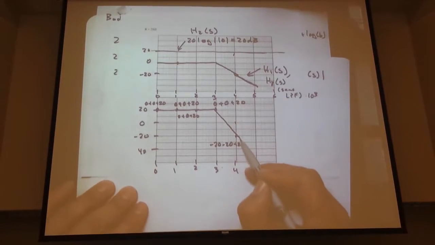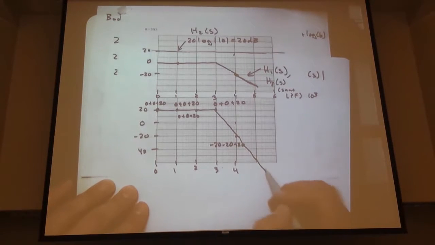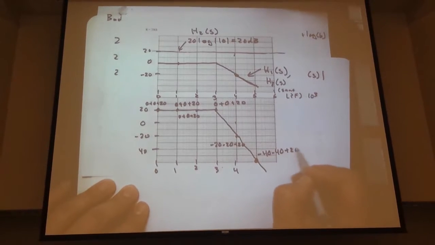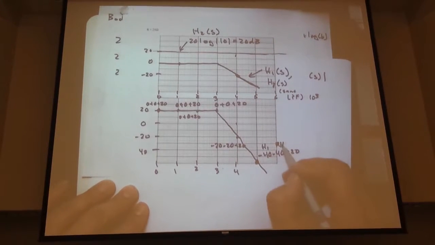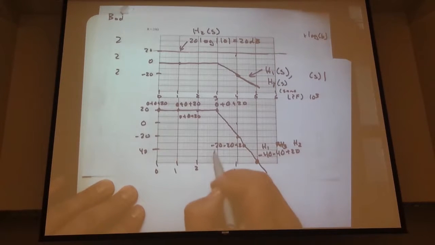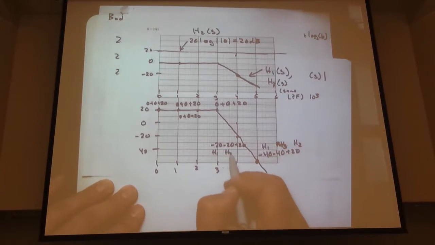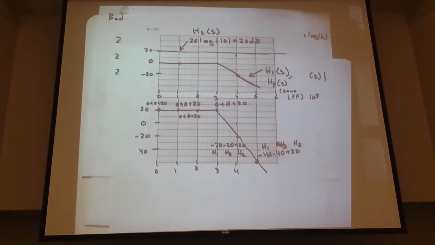At this point, onward and onward, this point, minus 40 plus 20. And again, that's stage 1 contribution. That's stage 3 contribution. I did write them out of order. That's stage 2. That's stage 1. That's stage 3. That's stage 2.